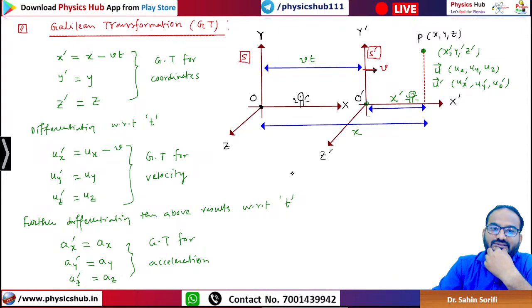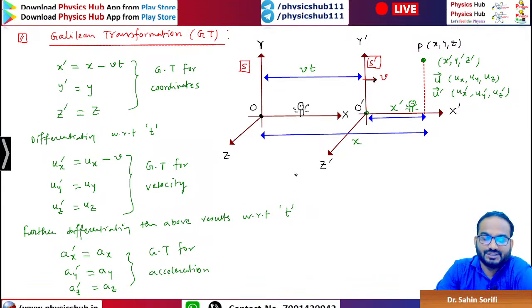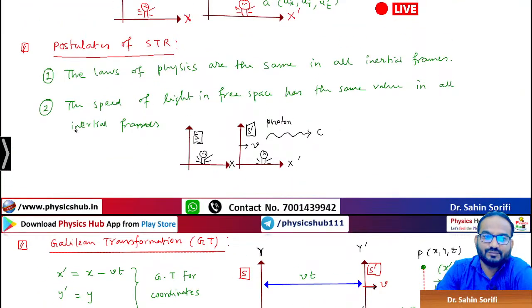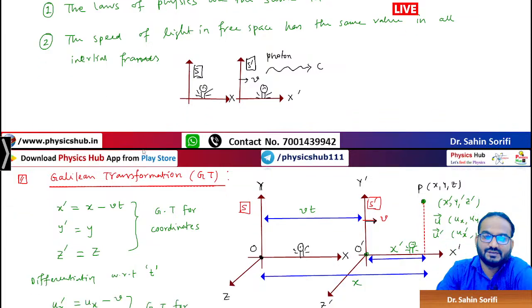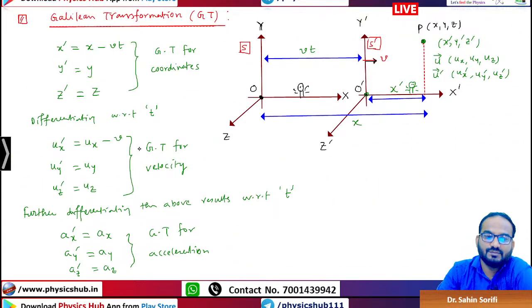Now why did this Galilean transformation fail? It failed because of the second postulate. What does the second postulate say? The speed of light in free space has the same value in all inertial frames. Acceleration we have talked about. So what is force?